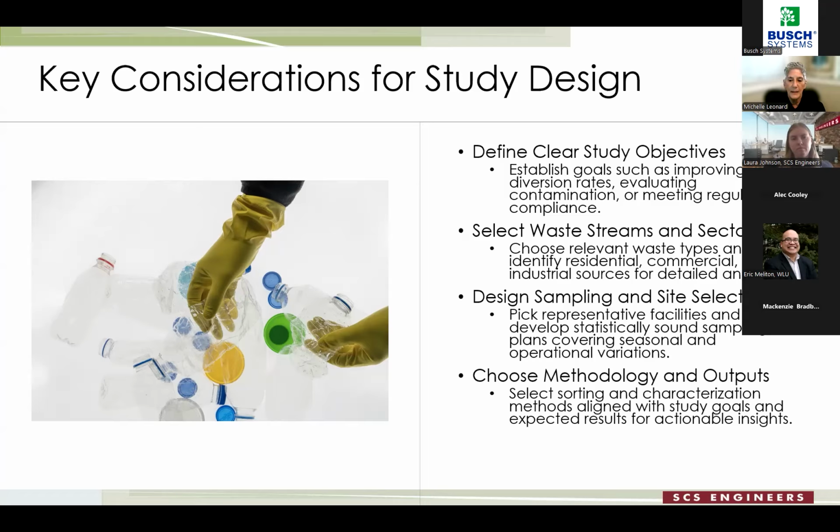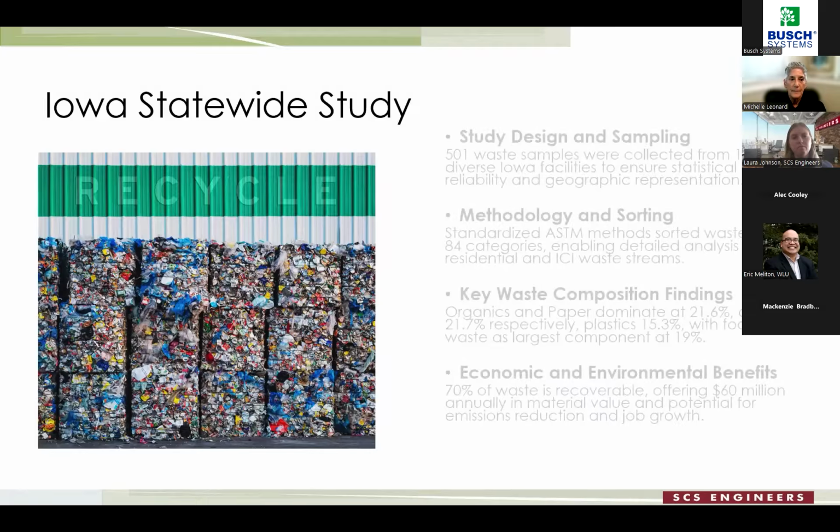But again, you want to make sure you're doing your study to get the data that you need for your future planning, whether it's in terms of mandates for diversion or laws and regulations related to your location.